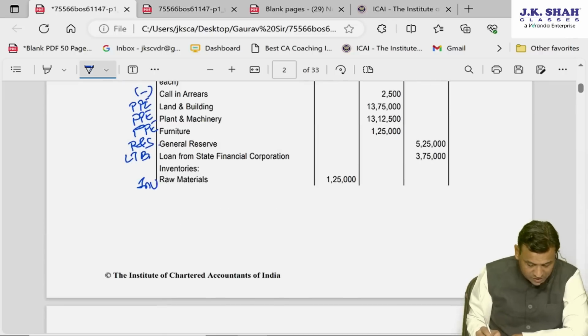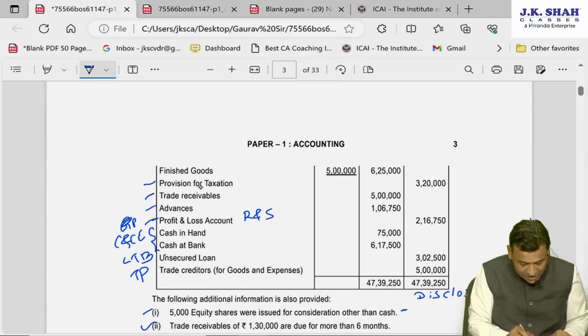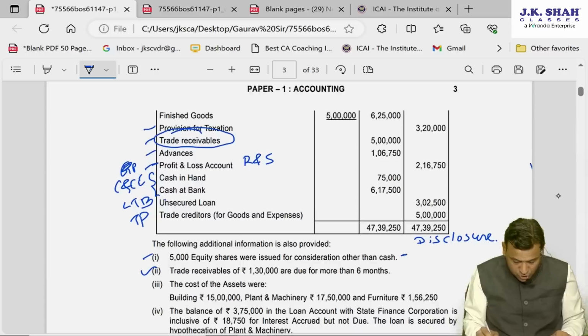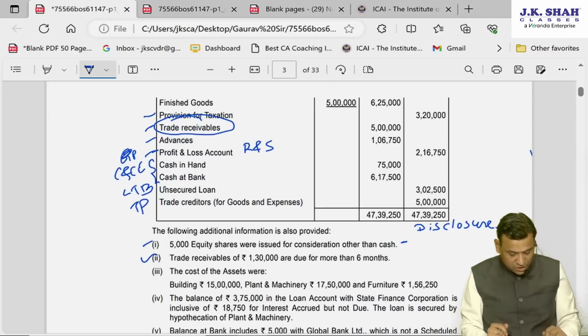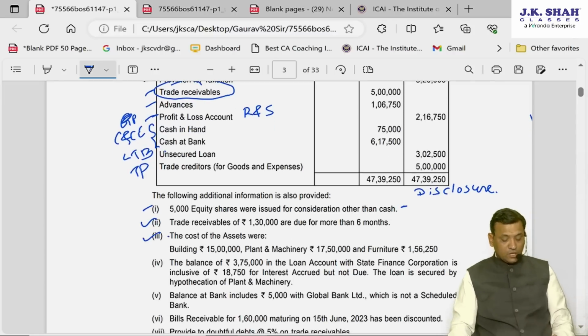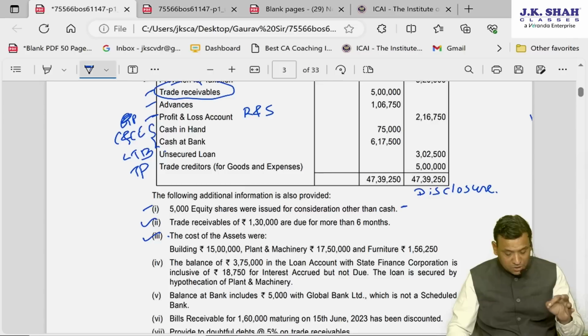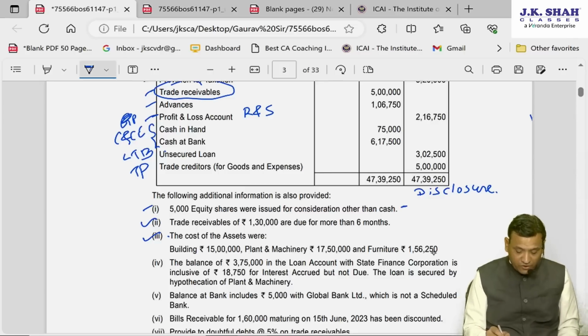Now what are we going to do with respect to this trade receivable? Friends, what we will do is show this 5 lakhs trade receivable as a bifurcation, more than 6 months and less than 6 months. The third point: the cost of the assets were building 15 lakh, plant and machinery 1750, and furniture 1,56,250.